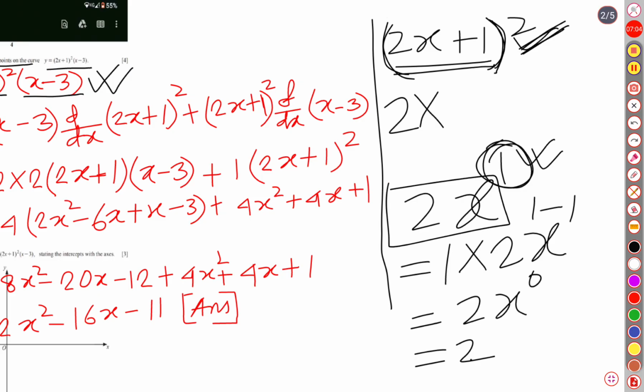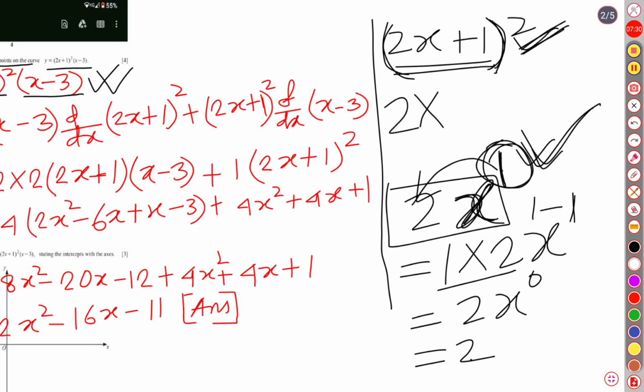Once again I am repeating, first of all we will look at the exponent. This is the exponent, and the exponent is 1. Then this will multiply the coefficient, so we have multiplied 1 and 2. After that, the degree or exponent of the variable will always be reduced by 1. Here the exponent is 1, and from 1 we have subtracted another 1.